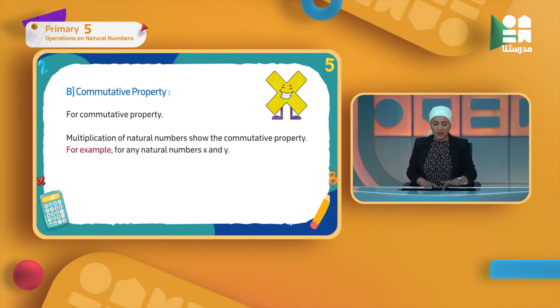For example, if I have two natural numbers x and y, x times y equals y times x. يعني هنا ال equal sign acts as a mirror زي ال addition. Okay, then 7 times 2 is 14, and 2 times 7 is also 14. Then the equal sign here acts as a mirror.